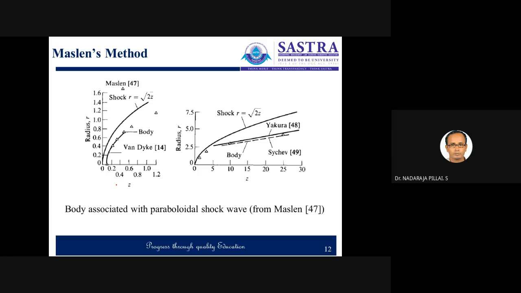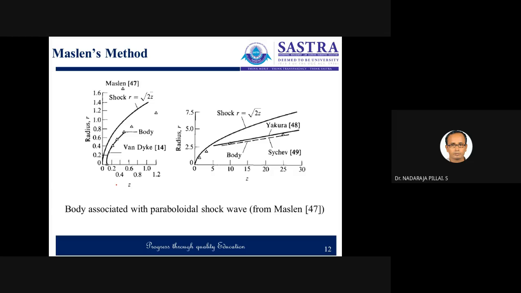We already know that Maslen's method is an inverse method, where the shock wave is assumed and the body shape that supports the assumed shock and the flow field between the shock and the body are calculated. That is the important point we need to remember.